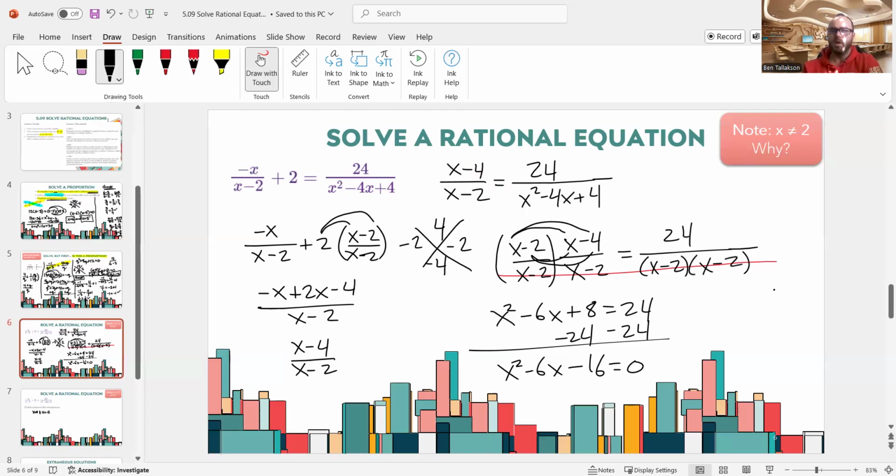So let's try our x method one more time. We're going to get negative 16 over negative 6, and you will find that negative 8 and 2 work. So we did it. We found x - 8 and x + 2 to be our factors. Solve each for x, you get 8 and negative 2.